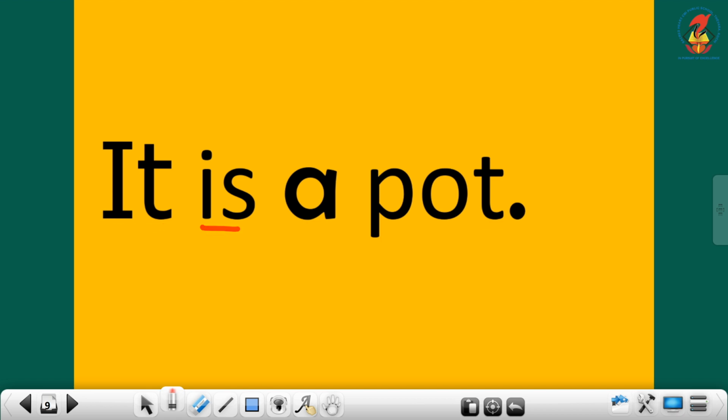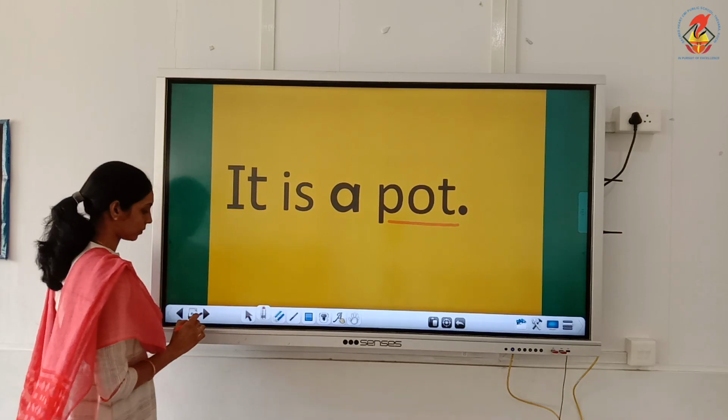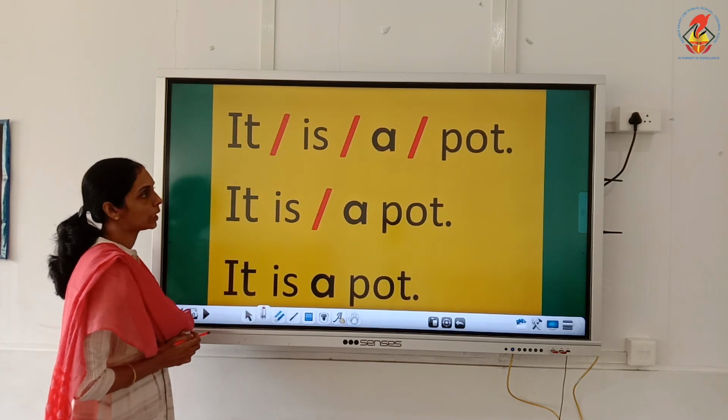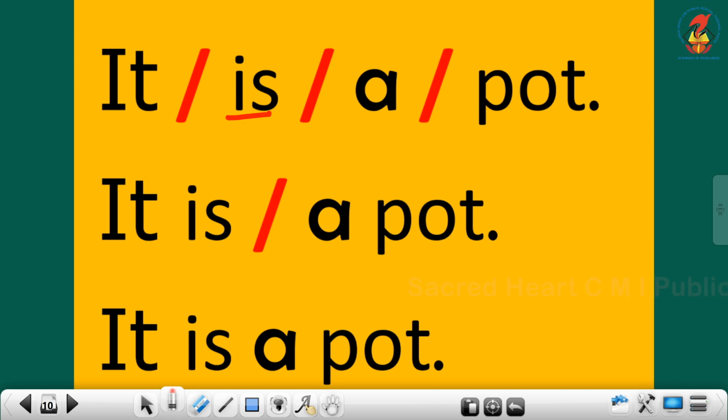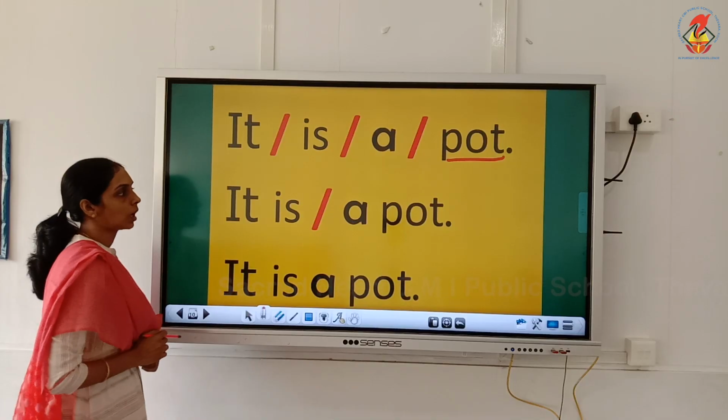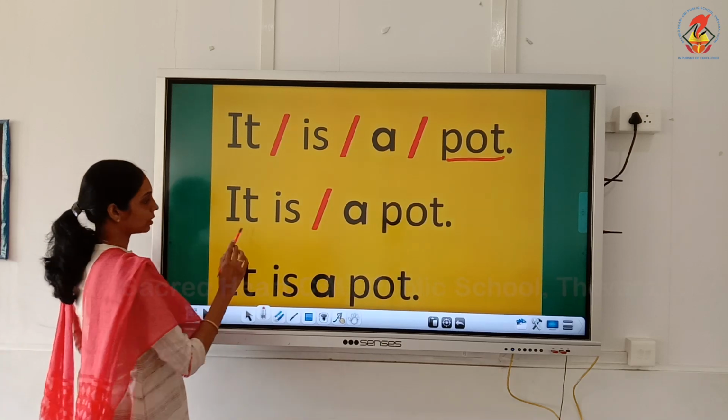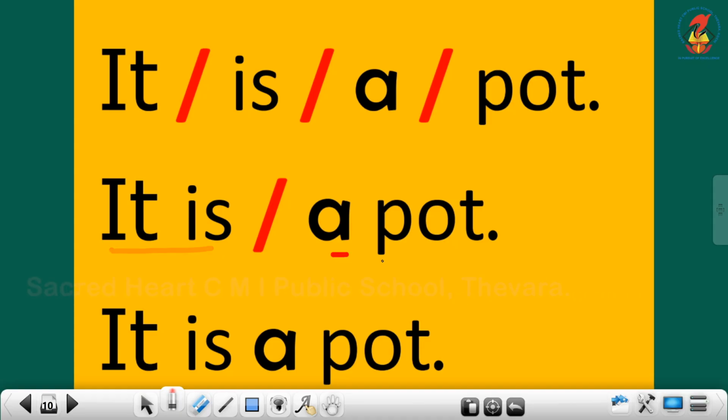It is a pot. Now we will read word by word. It is a pot. Now let us join two words and read. It is a pot.